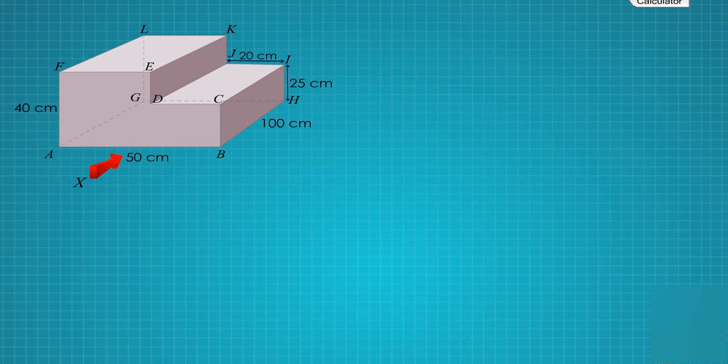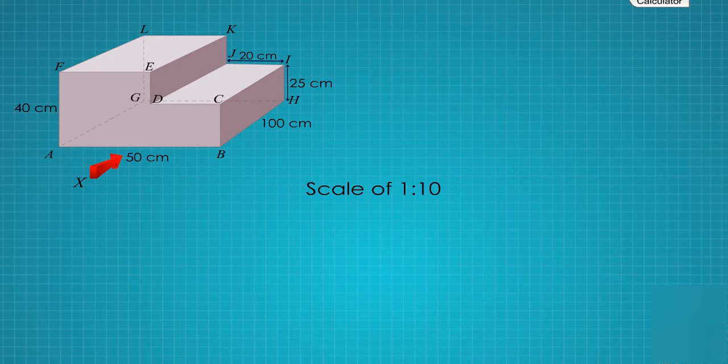Given the length of AB is 50 centimeters, AF is 40 centimeters, JI is 20 centimeters, IH is 25 centimeters, and BH is 100 centimeters, and the scale to be used is 1 to 10.